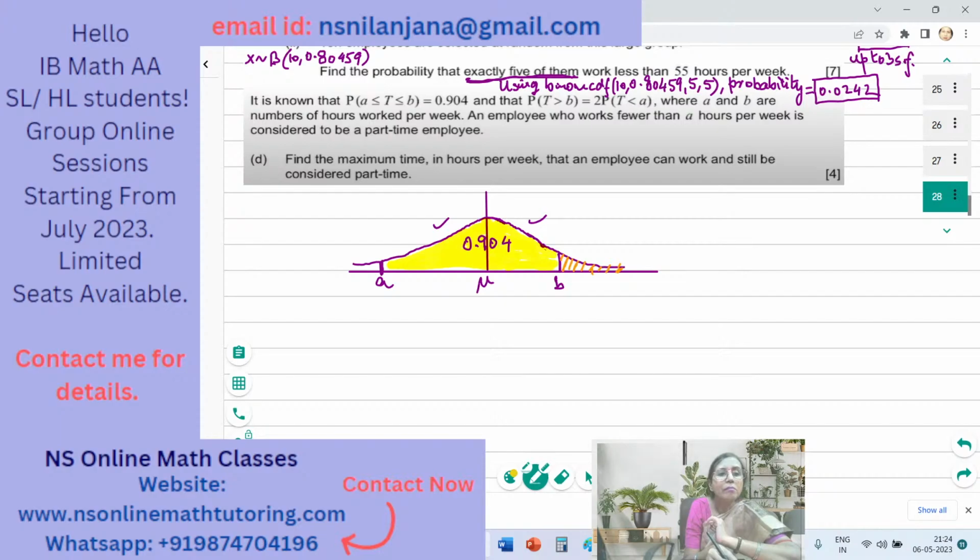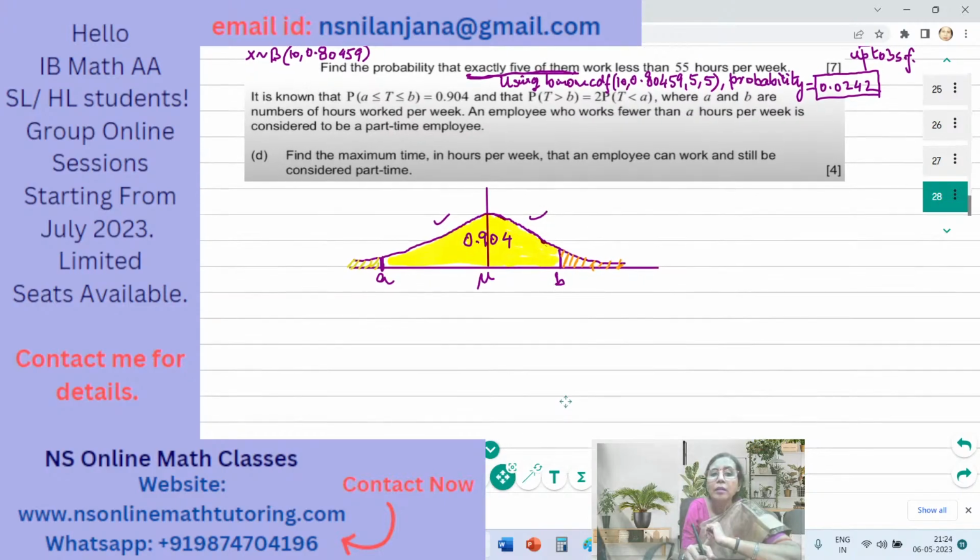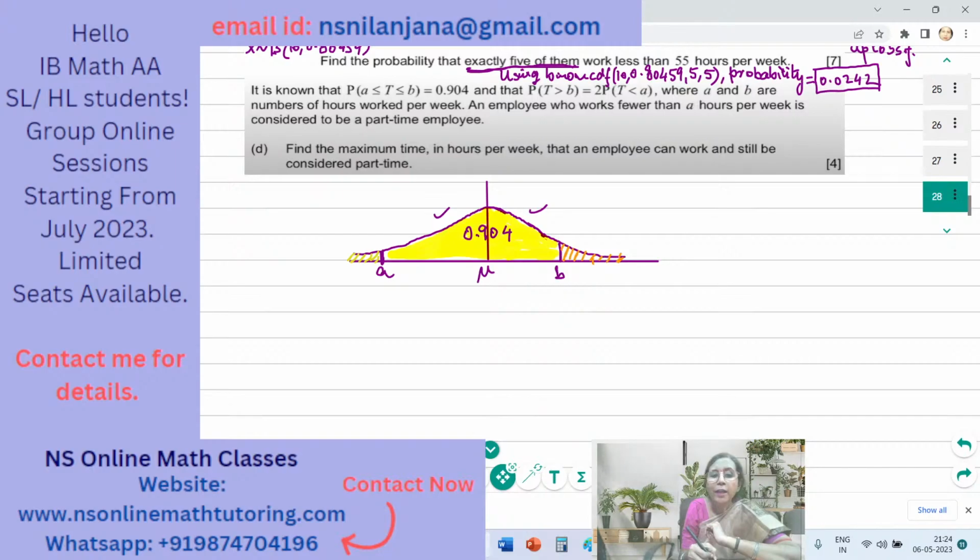Therefore, where A and B are numbers of hours worked per week. An employee who works fewer than 8 hours per week is considered to be a part-time employee.